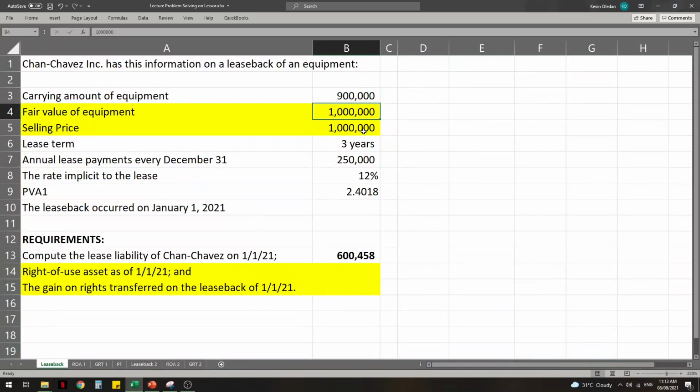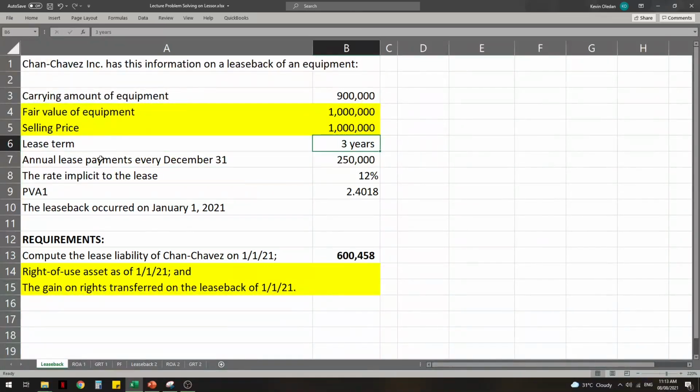Kapag equal ang fair value with the selling price, which is the default na agreement between buyer and seller, arm's length transaction, then you can rest easier because our formula will be a bit simpler. We'll get to that when we compute. Fair value, selling price: equal. You say, hi, salamat, equal.